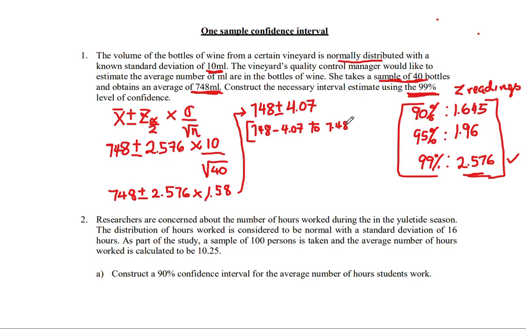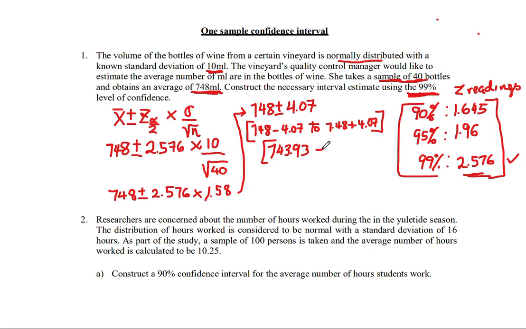So 748 plus 4.07 to get the upper value in the interval. Close that bracket. So what I will now do is subtract 4.07 from 748, and that gives you 743.93. So that will be the lower bound of the interval.